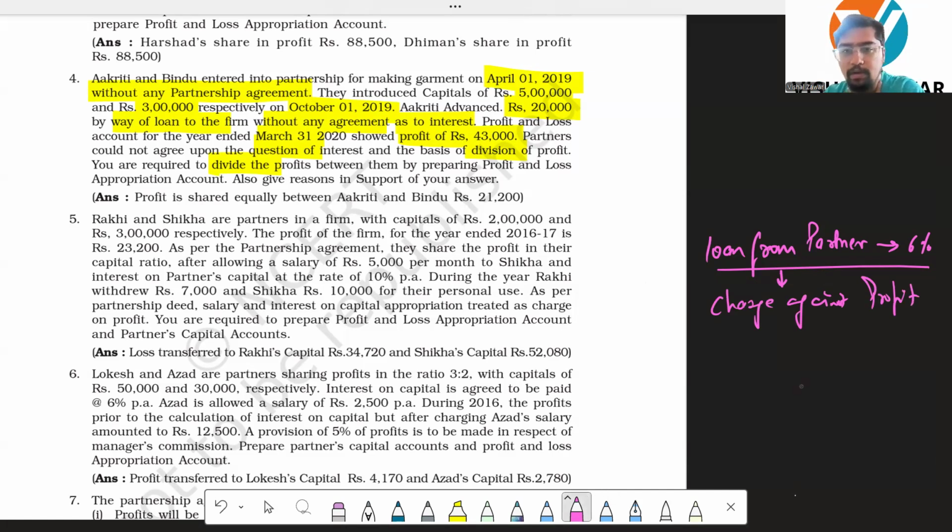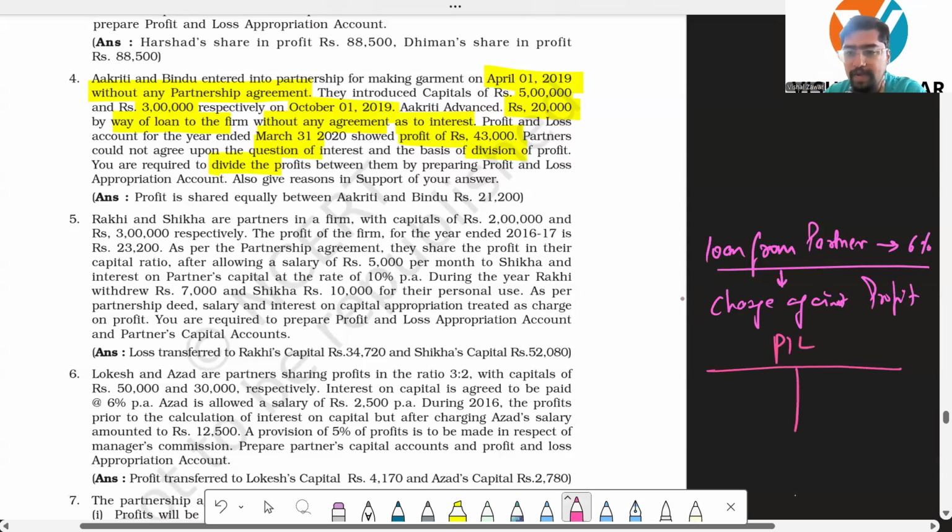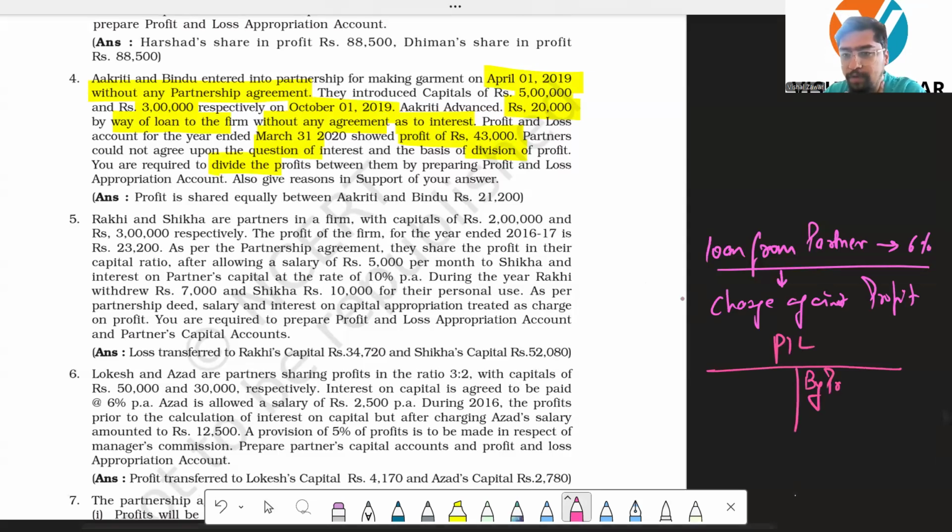So when I prepare a profit and loss account like this, I'm making a small P&L over here, where I say that as of now, the profit with us is 43,000. Now I will have to give interest to Akriti, so on the interest on Akriti's loan, we will do the calculation over here.